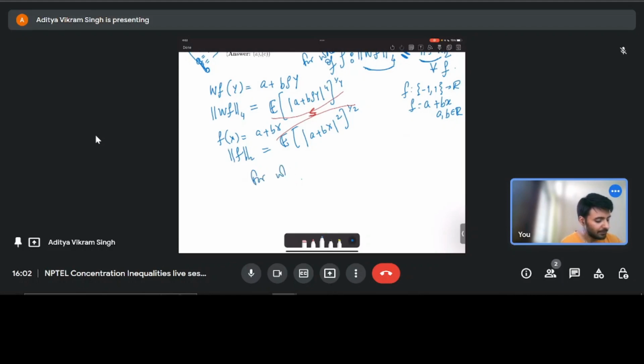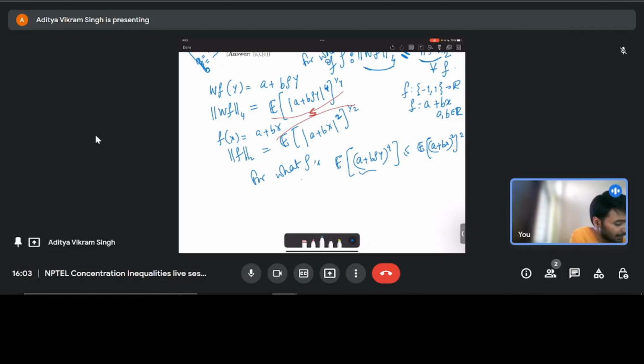We can also remove the mod because these are even powers, 4 and 2. So the question becomes: for what rho is the expected value of (a plus b rho y) to the power 4 less than or equal to the expected value of (a plus bx) squared, the whole squared?